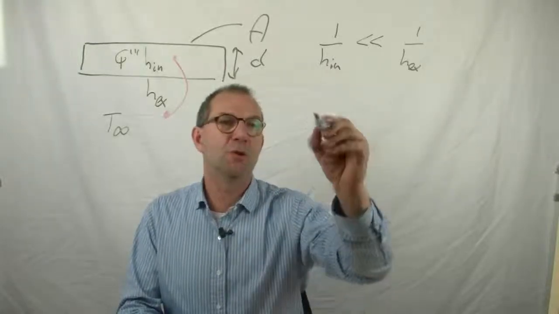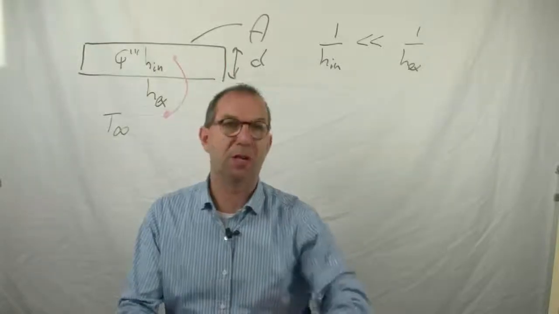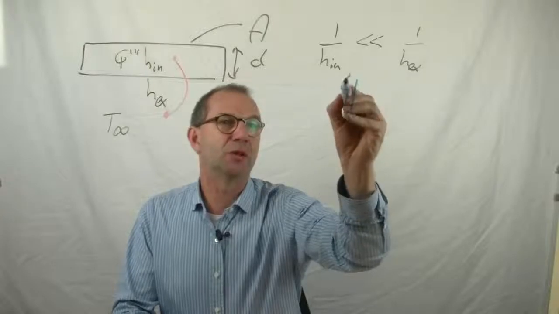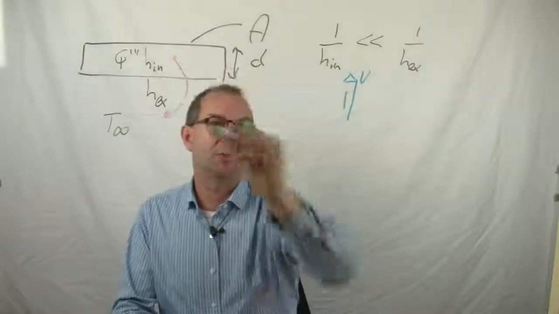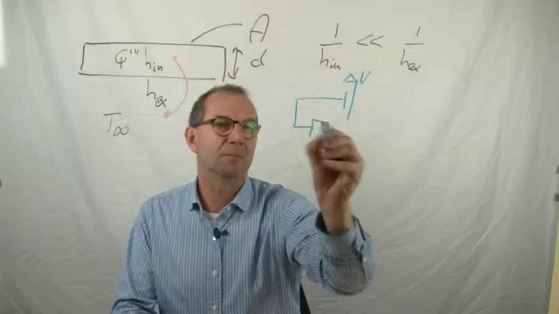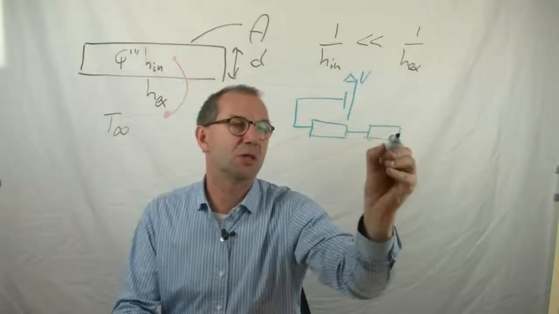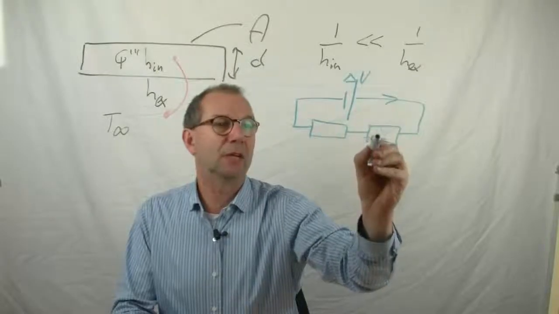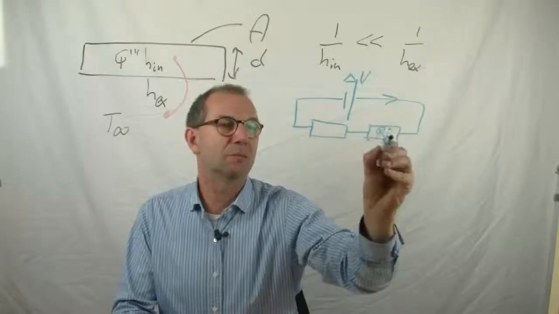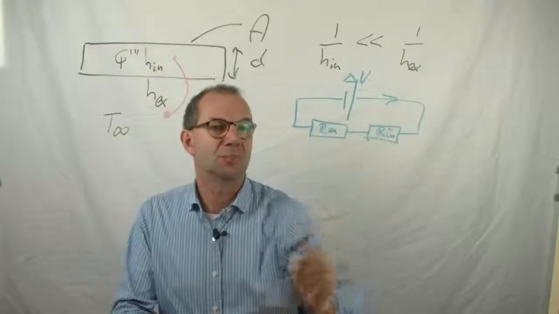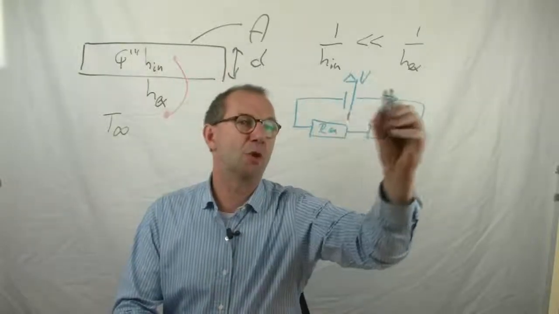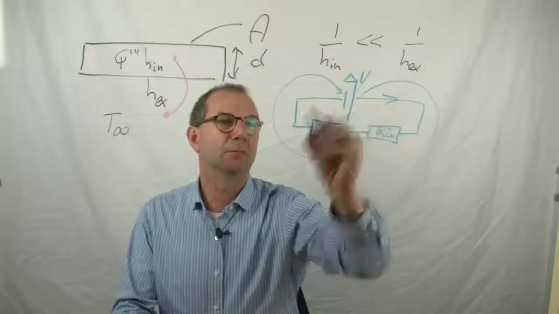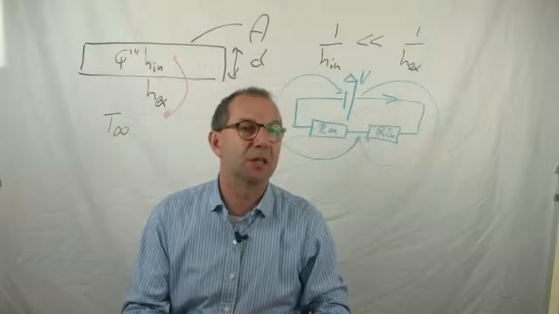Thus from an Ohm's law perspective, let me use blue, that is slightly better to see, I would have drawn something like this. Here is the potential difference, the driving force, delta V, the temperature difference here, and that sees two resistances in series. And thus a current will be flowing, and there is an internal resistance and an external resistance. And there will be a potential drop from here to here and from here back to the battery or whatever it is.